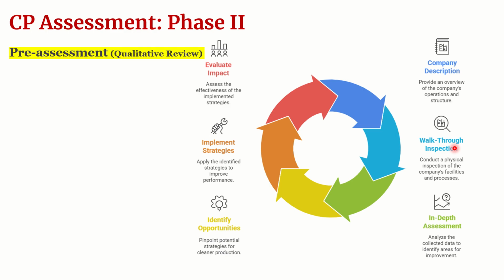Qualitative visual inspection of the facility in order to identify what are the various sources of waste, inefficiencies, leakages, spillages, and also poor housekeeping, and what are all the potential areas for improvement. And this often involves questioning operators, and also observing the practices.